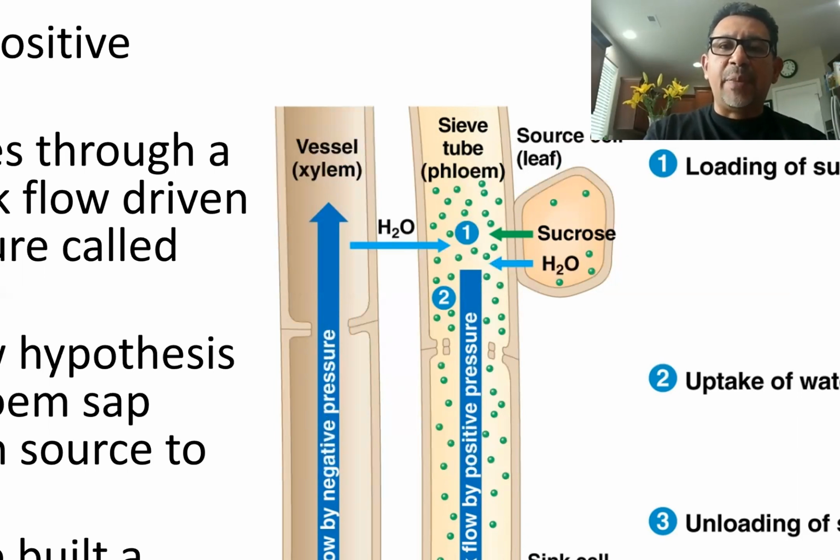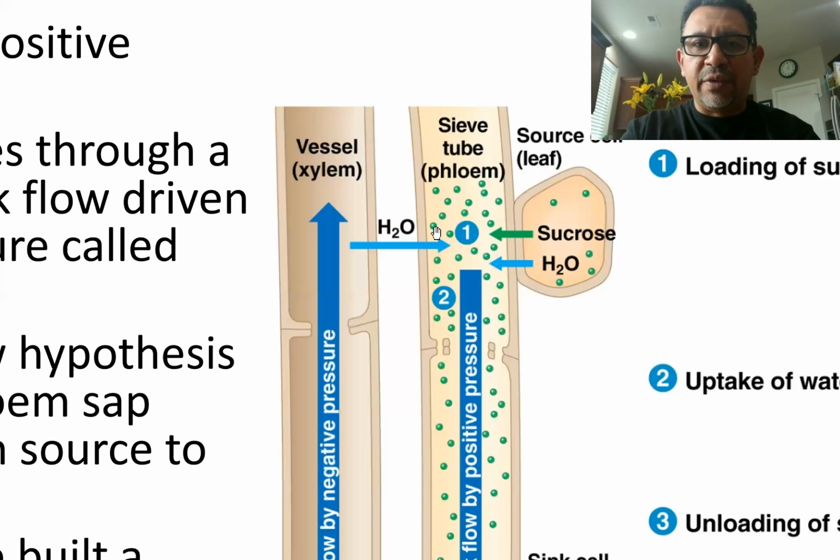Now that this is happening, think for a moment. This is a limited amount of space. This cell we call the sieve tube element. There's only a certain space, and there's all this sugar coming in, and there's all this water coming in. This is going to now develop a positive pressure.